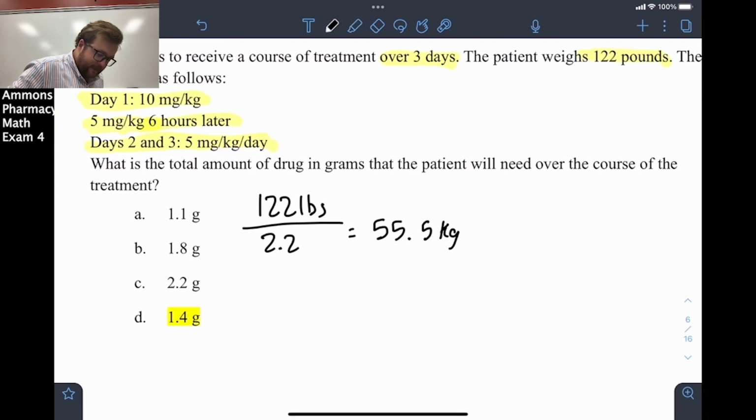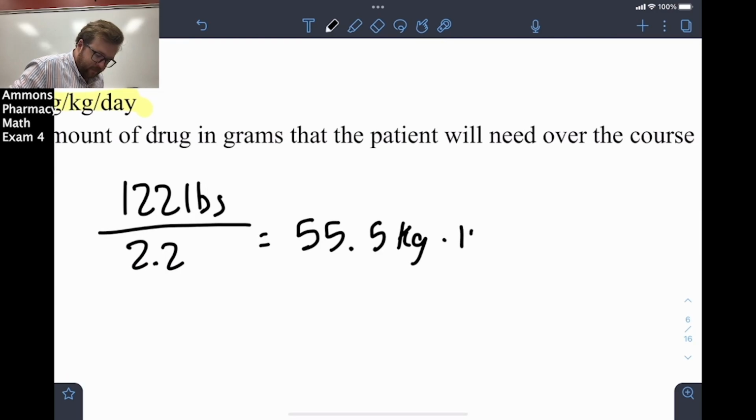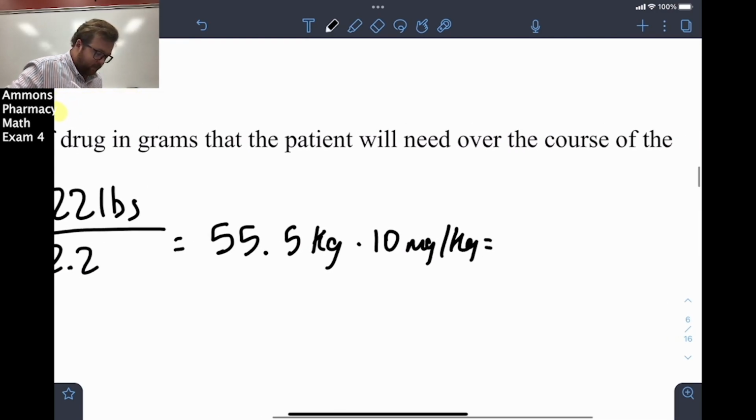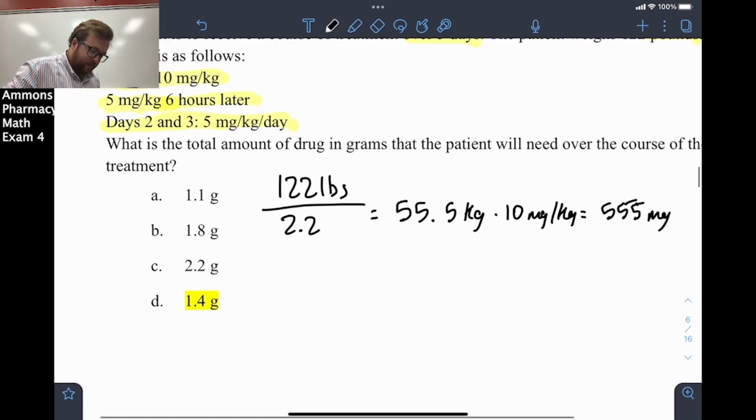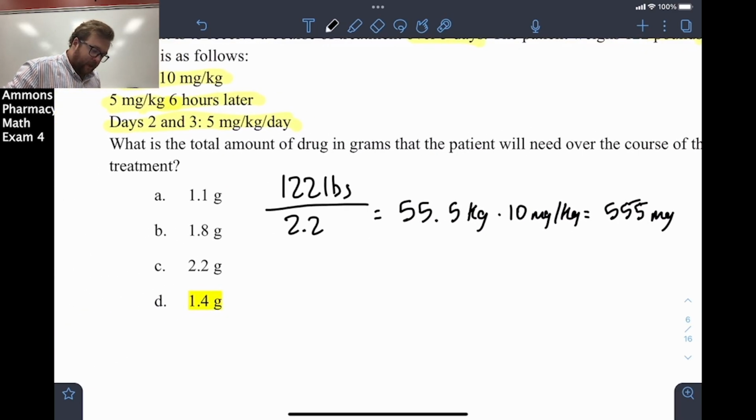Day 1, he's getting 10 milligrams per kilogram. So on day 1, he will get 555 milligrams. Okay, but that's just day 1. He will go to 5 milligrams per kilogram 6 hours later.